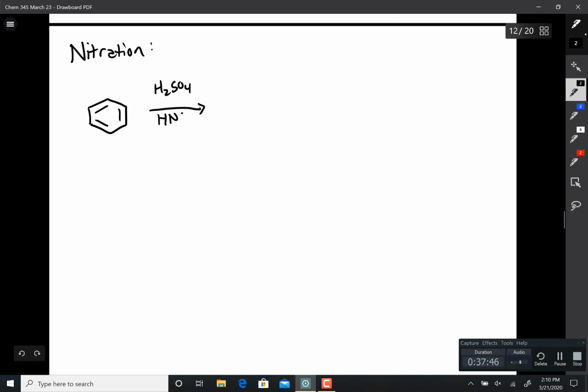What we do is add a combination of 2 acids, sulfuric acid and nitric acid, to put the nitro group on.